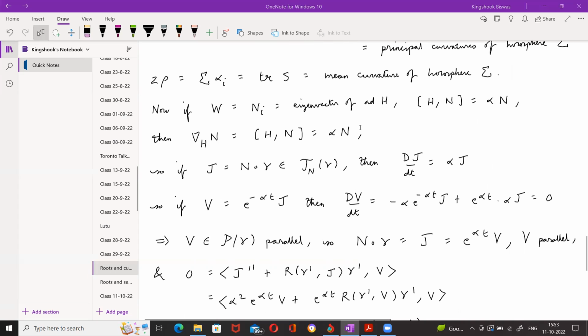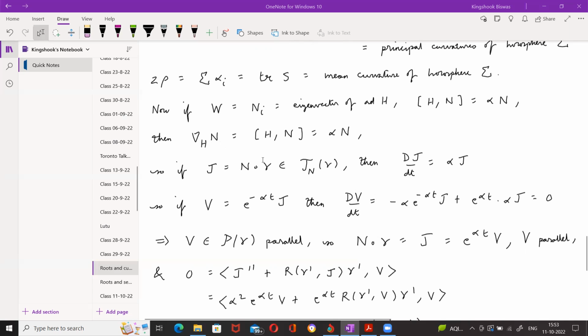Now let J be the Jacobi field, which is n restricted to gamma. I know that this is a Jacobi field. Then nabla_H of n is nothing but DJ/dt, because H is tangent to the geodesic gamma.